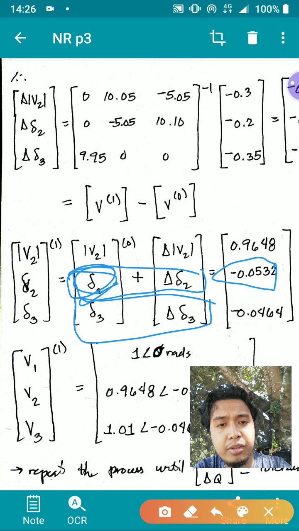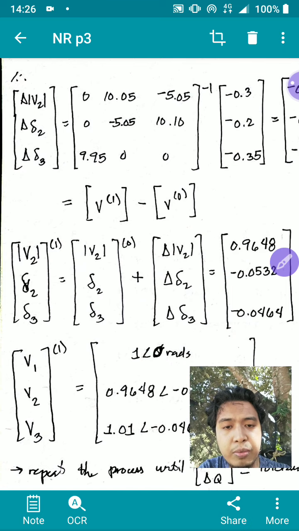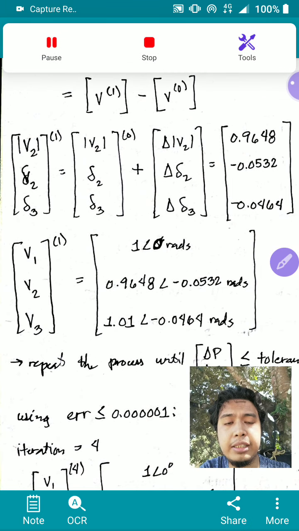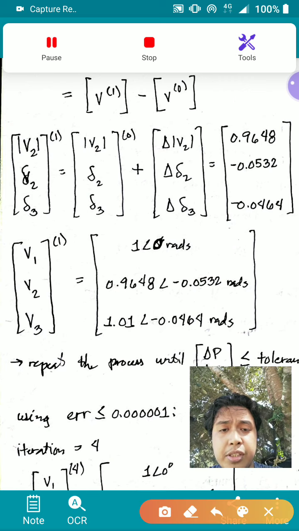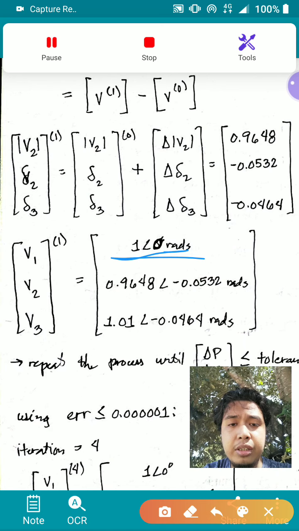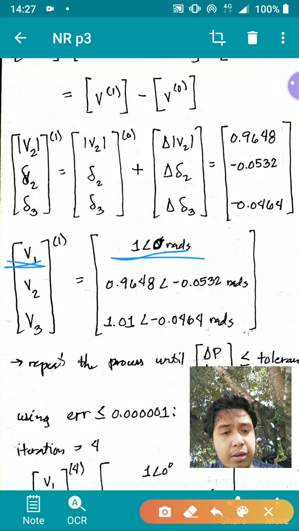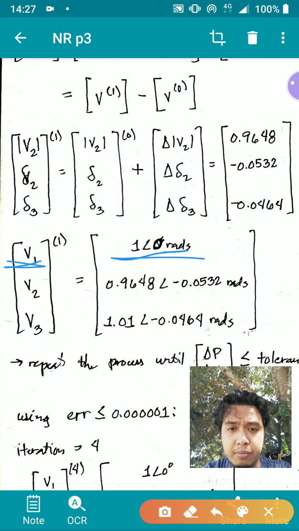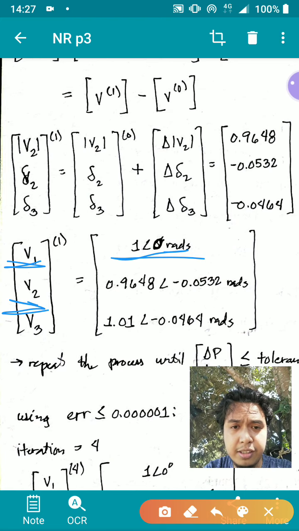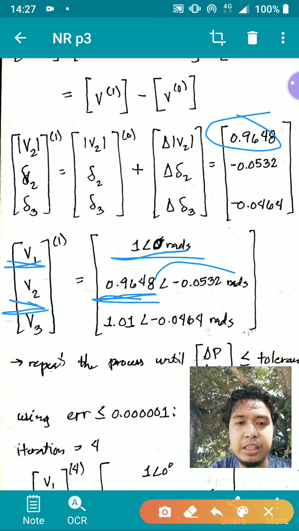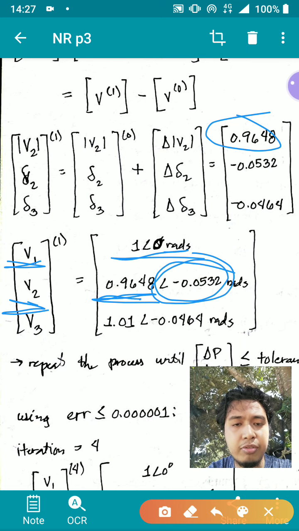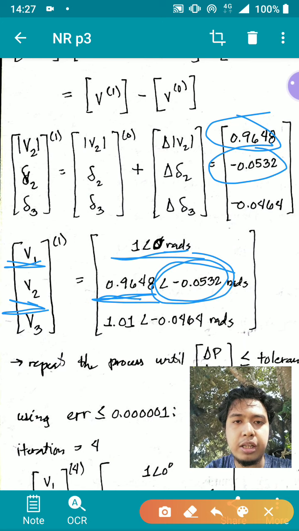Doing this operation, we can define our voltages for the first iteration. For V1, it's the slack bus, so it's 1 angle 0 rads. For V2 it's 0.9648 angle negative 0.0532 rads.